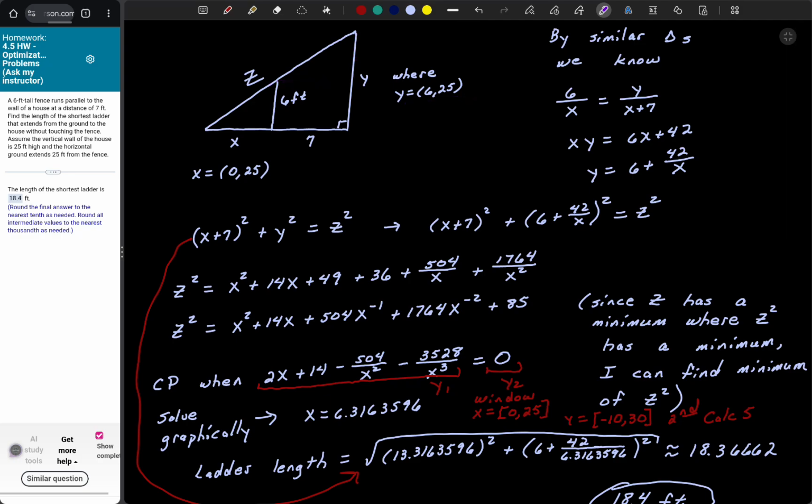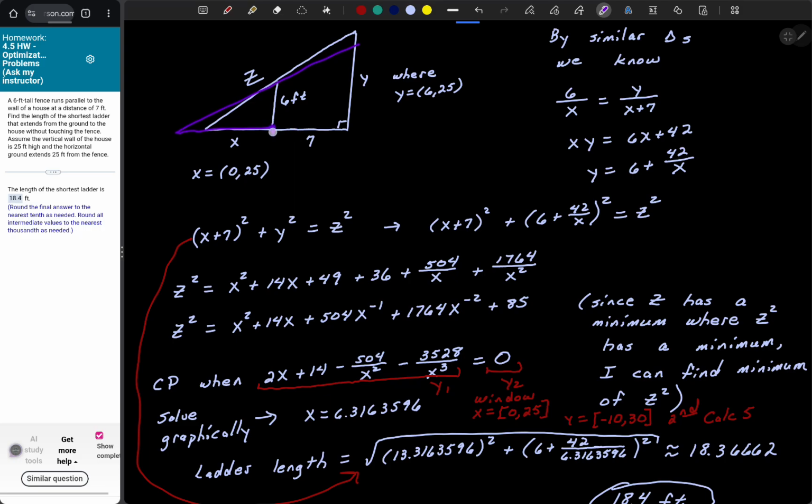Now, we were explicitly told that the fence is 7 feet from the wall and that the fence is 6 feet tall. We also know that the base of the ladder can extend, since the horizontal ground extends 25 feet from the fence, as far out as 25 feet away.